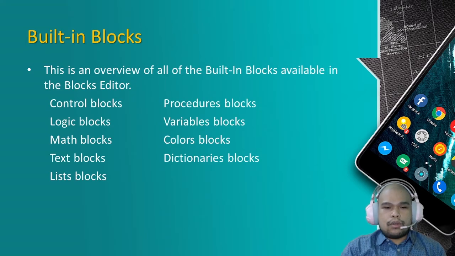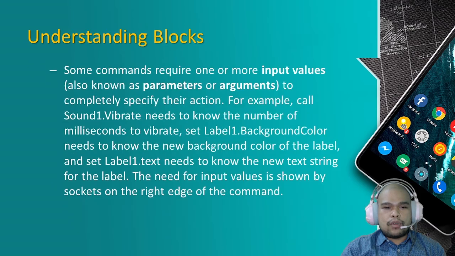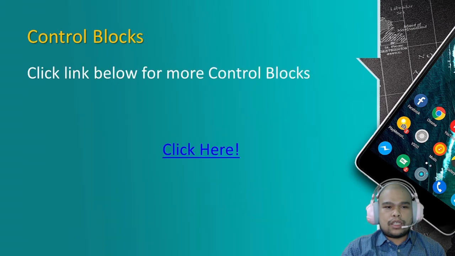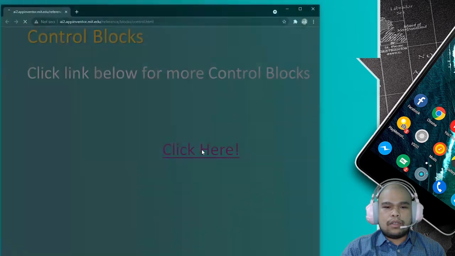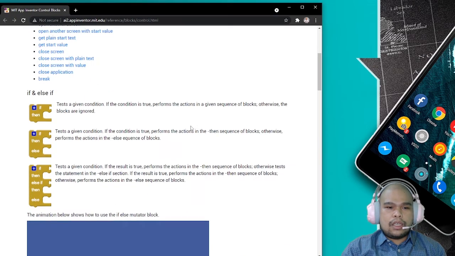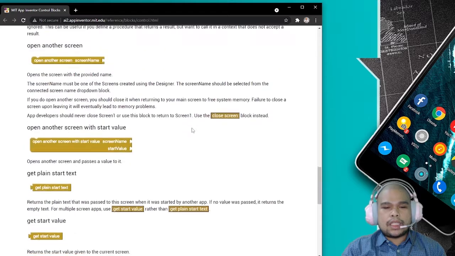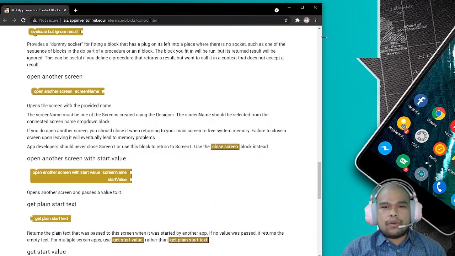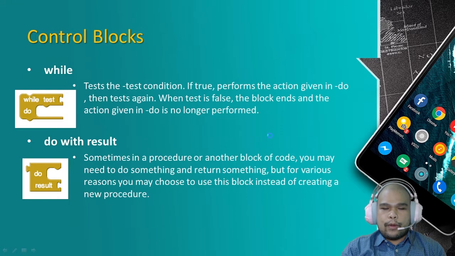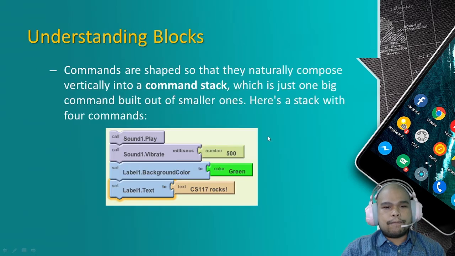I'll just be providing you some examples. Later on, at the end of each block, let's say this control block, I have a link provided here, so you can check the additional blocks that we won't discuss for those categories. Okay, now let's proceed.